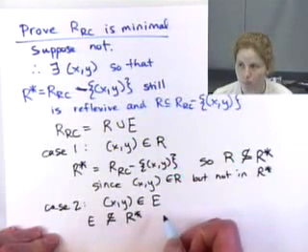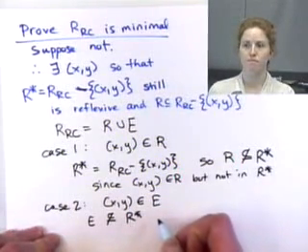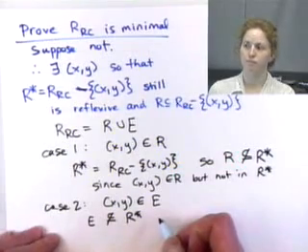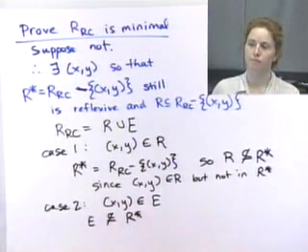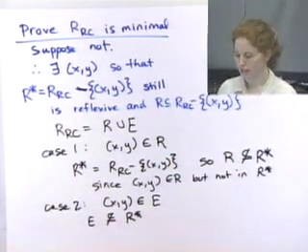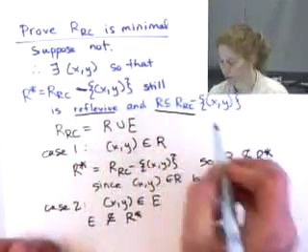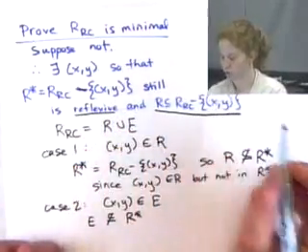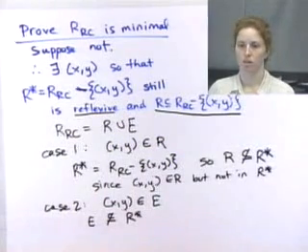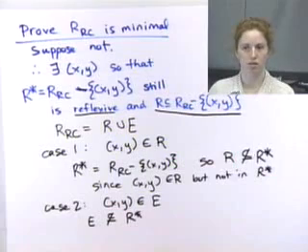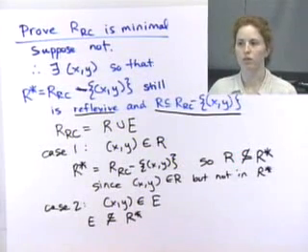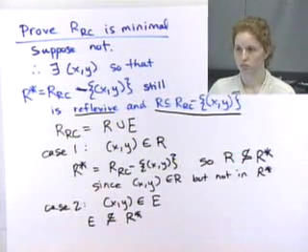Why is that bad? Well, I needed these 2 things. I had to have this and this. If I take it out of E, then it's not reflexive anymore. Right?